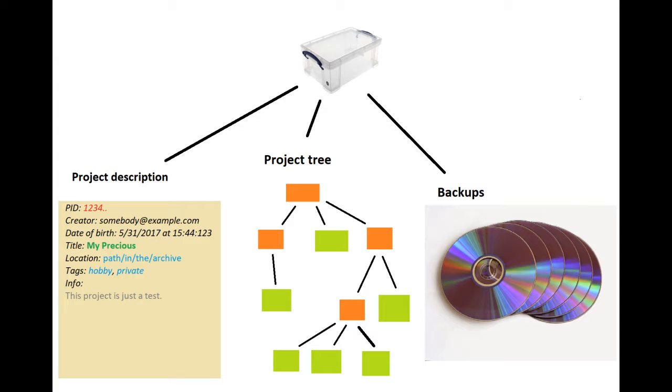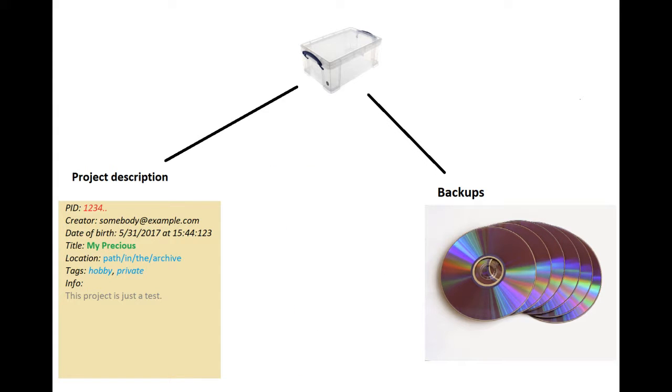Only an active project can be modified and its project tree can be updated. If a project is not active, it is stored in the archive and only has a project description and any number of backups. When it is activated again, the file tree of the most recent backup is revived by copying it into the workshop.